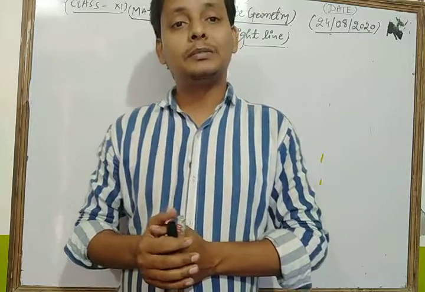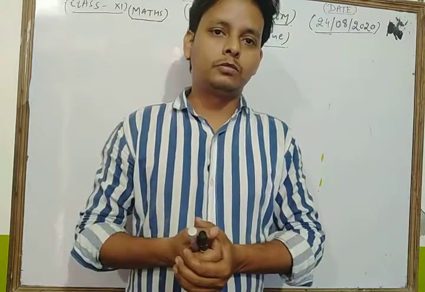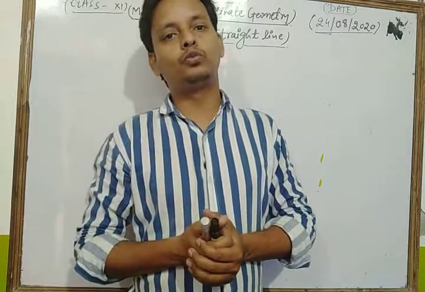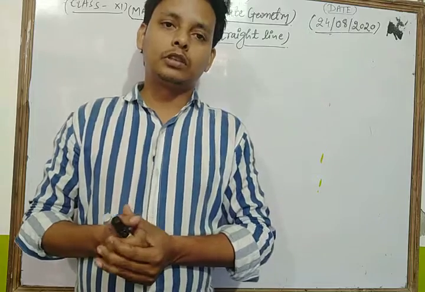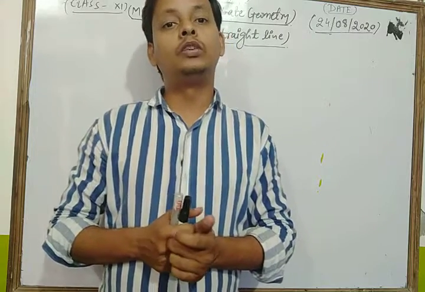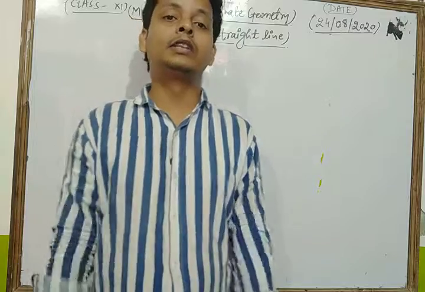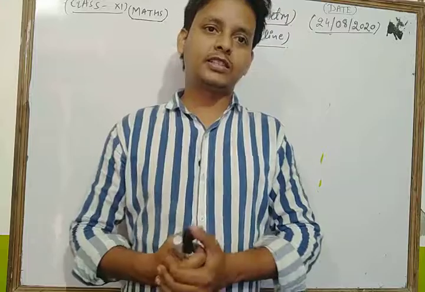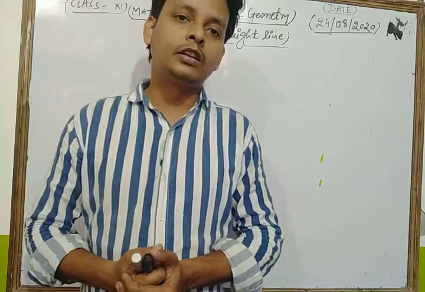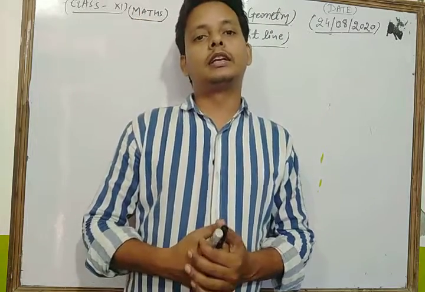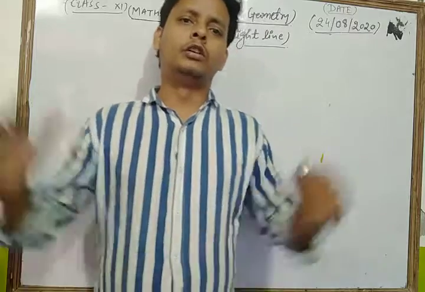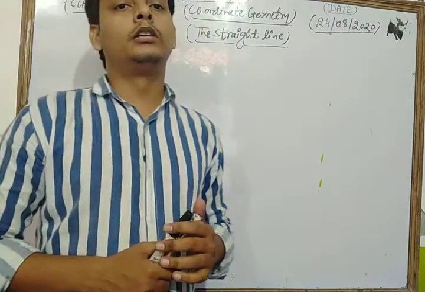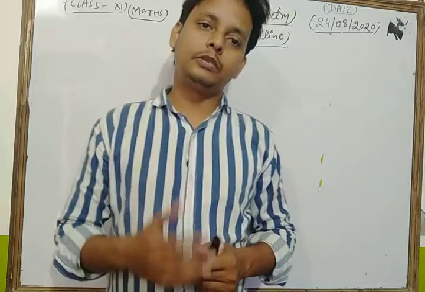We discussed the Cartesian coordinate system, the ordered pair, the distance between 2 points, the section formula, and finding the area of a triangle when all three vertices are given. We also discussed the condition for collinearity and the coordinates of the centroid, etc. All these topics we already discussed in class 10 and in the previous class.